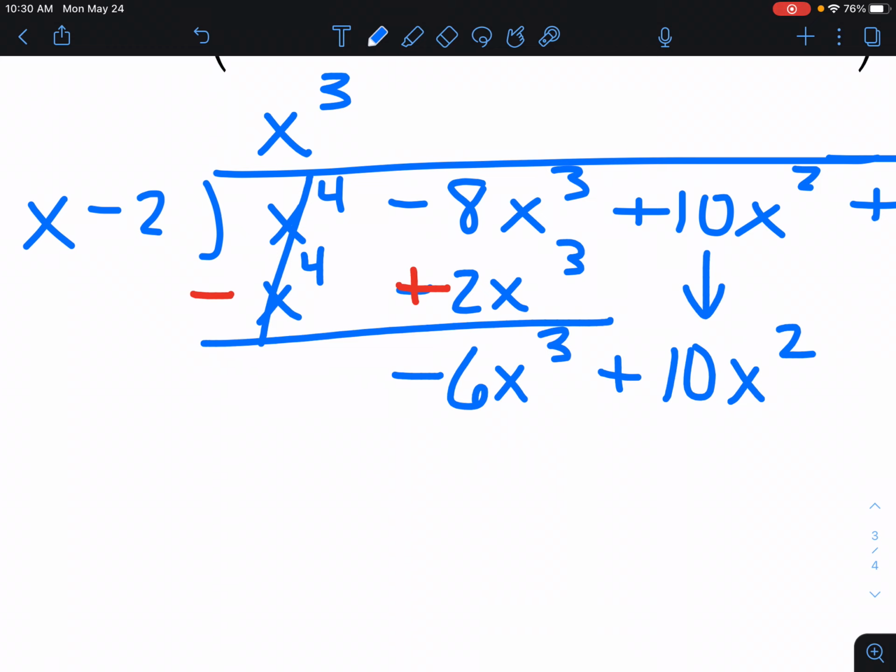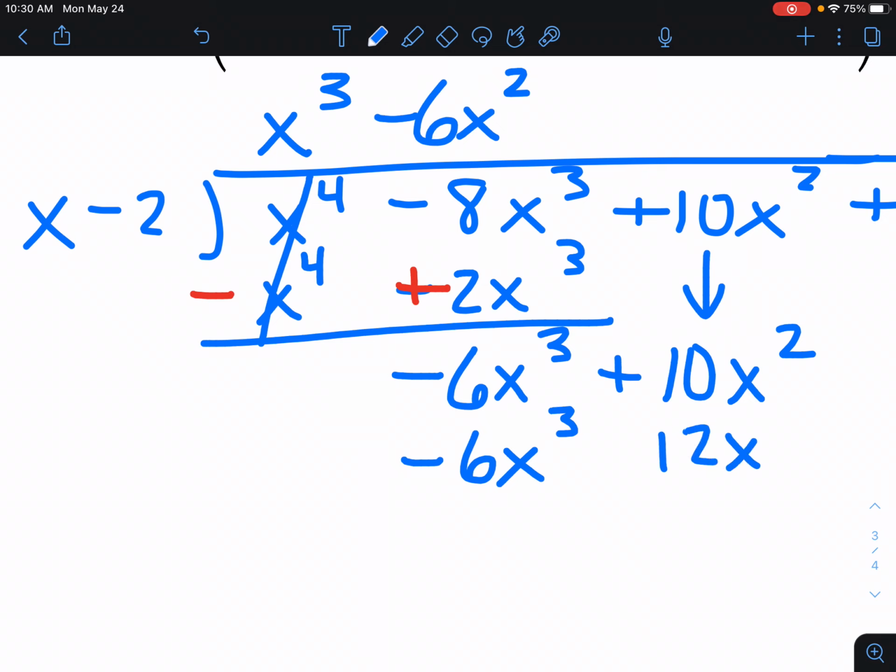We're going to do the first term divided by first term. -6x cubed divided by x would be -6x squared. And then we're going to distribute the -6x squared. So -6x squared times x is -6x cubed. -6x squared times -2 is 12x squared.